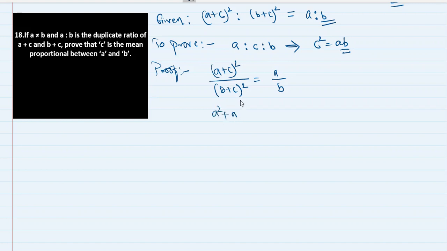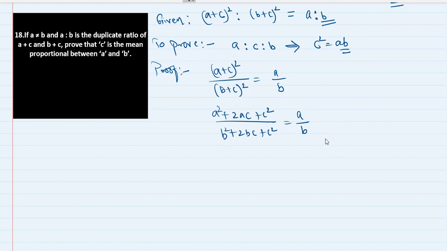A square plus 2AC plus C square, and B square plus 2BC plus C square is equal to A by B.